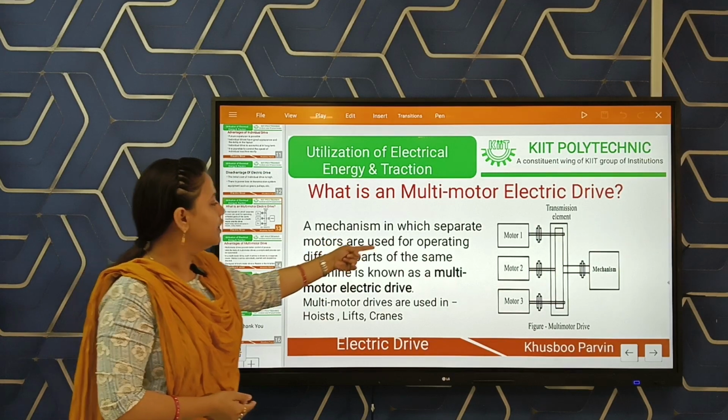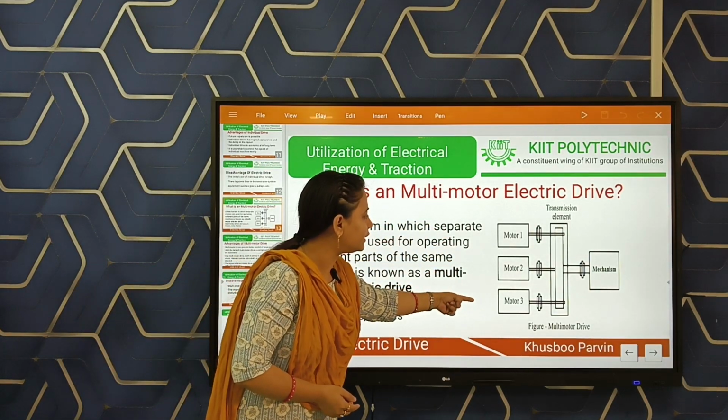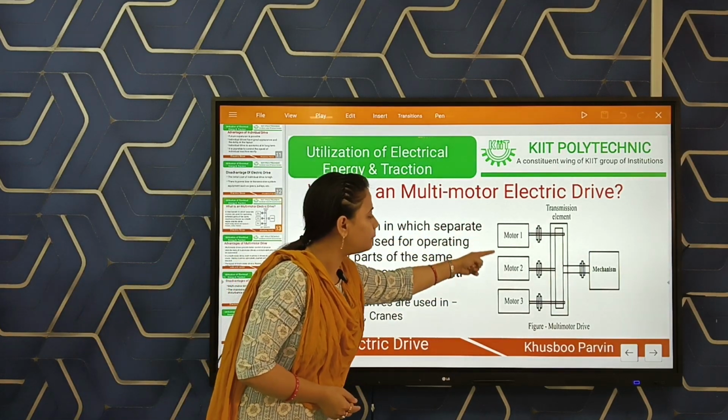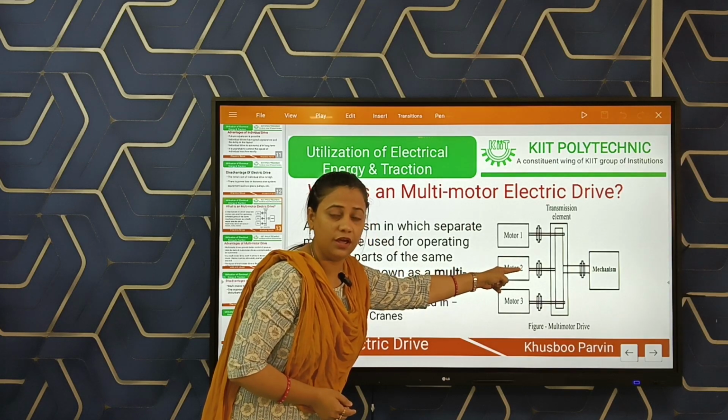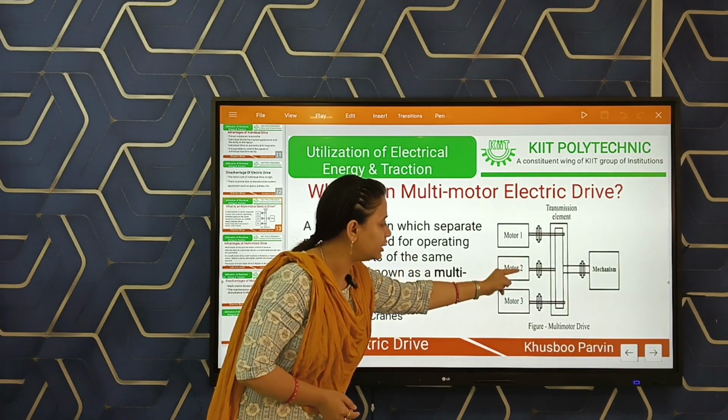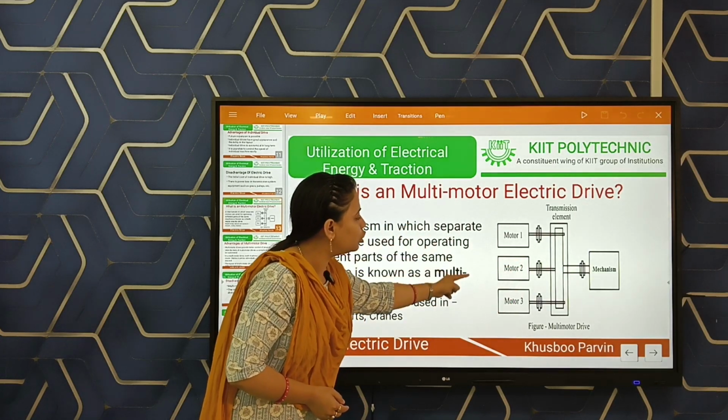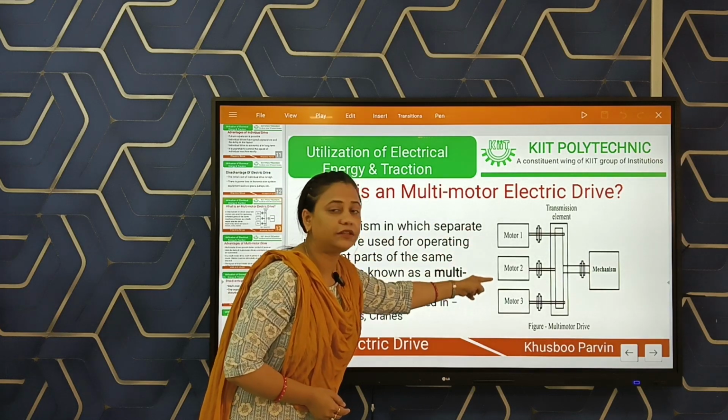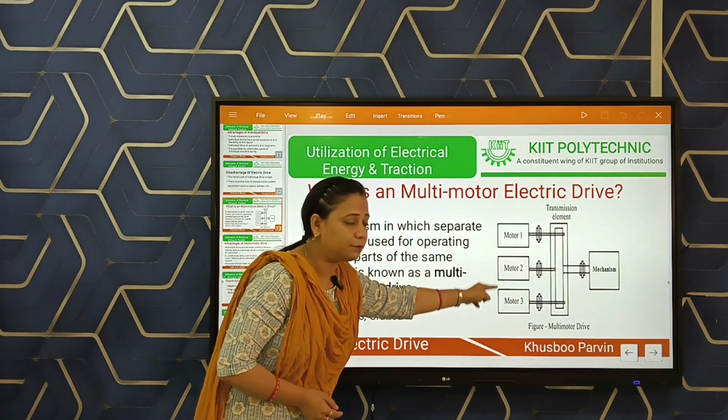Here you can see a number of motors are connected to the different parts of the same machine. The mechanism is the same, the machine is the same, but different motors are used to operate the different parts of the same machine.